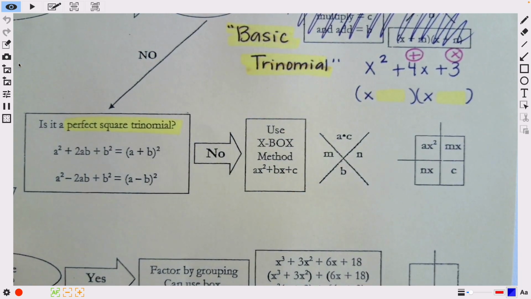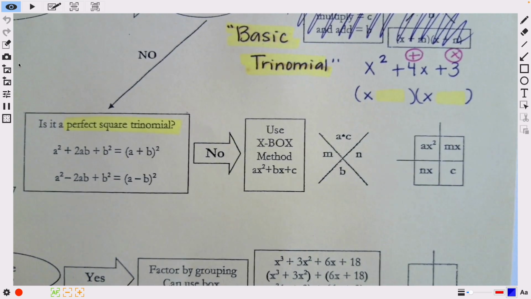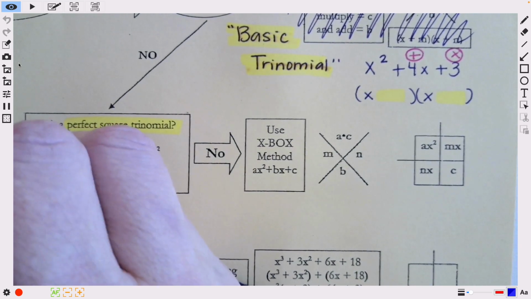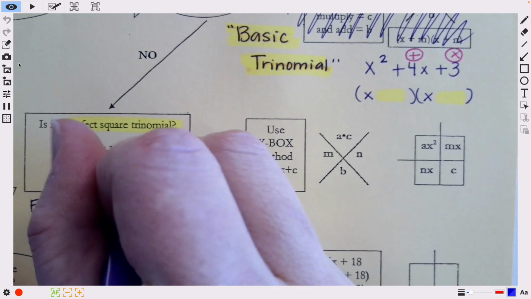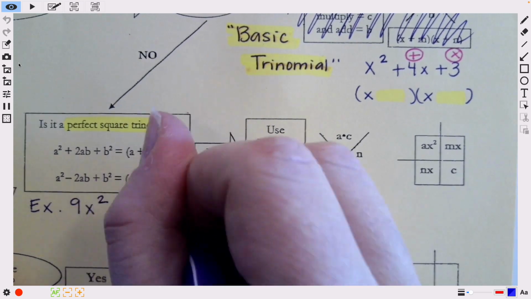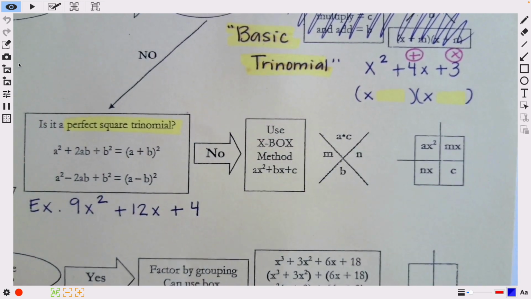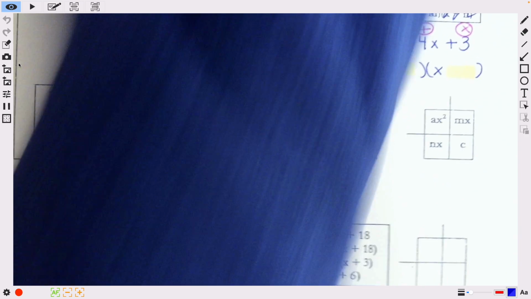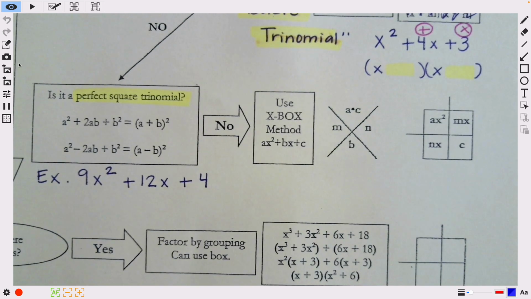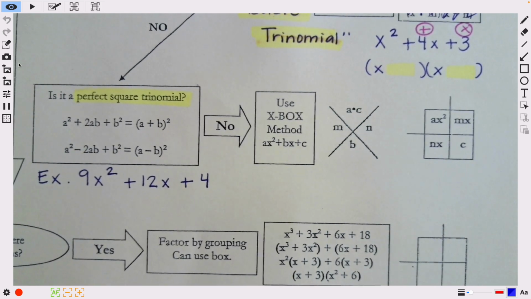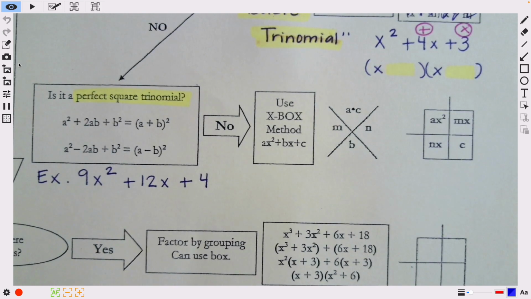So that would mean that your first and your last terms are perfect squares. So something like this. So you would notice that your first and your last terms are perfect squares. So this is another special pattern.